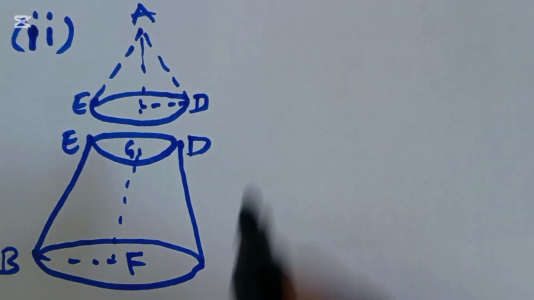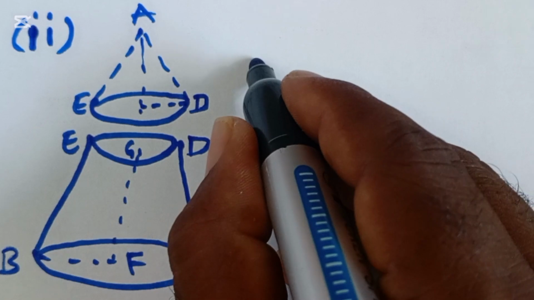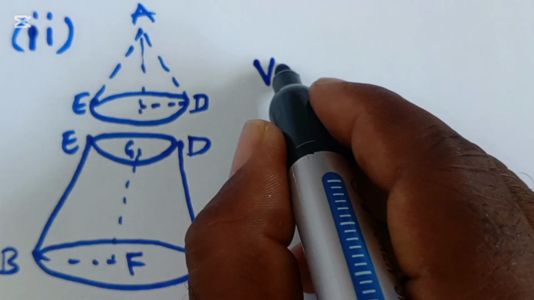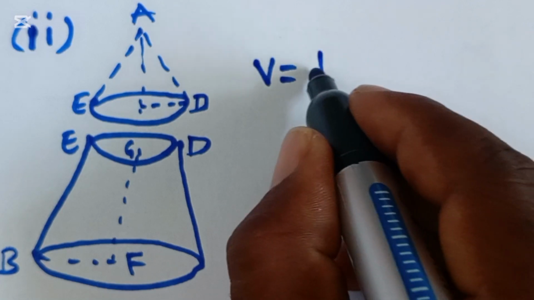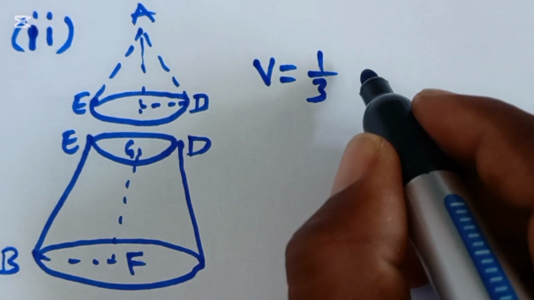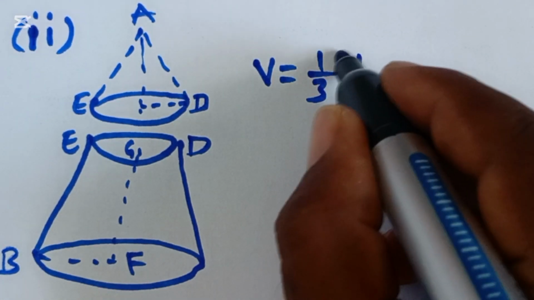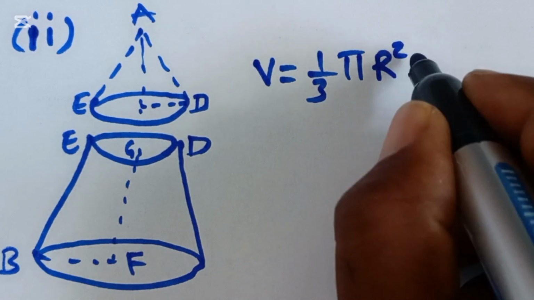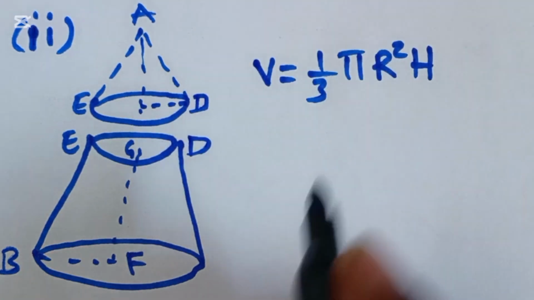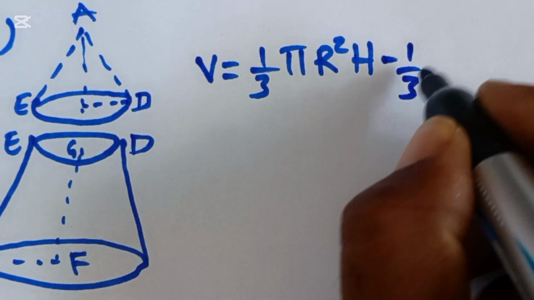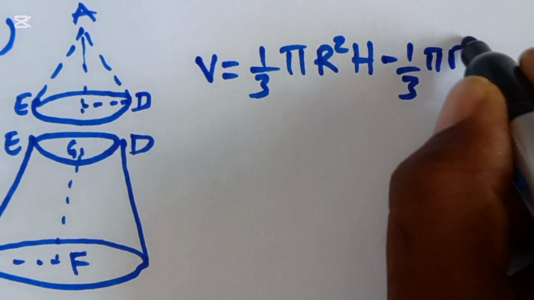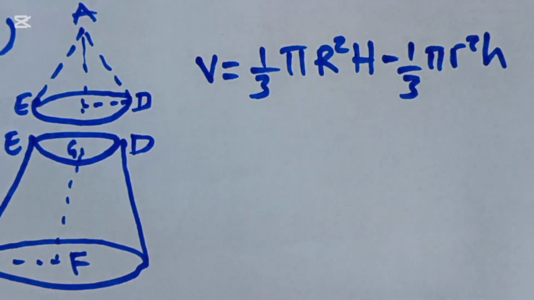So now I'll say the volume of the vuvuzela is equal to 1/3 pi R squared times H minus 1 over 3 pi r squared h.